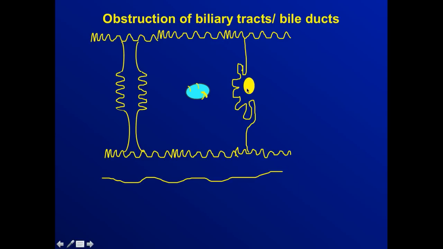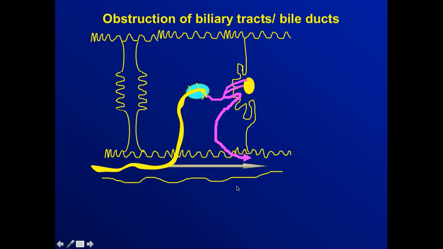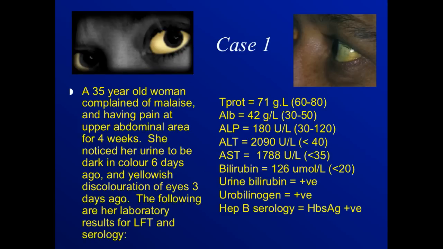Remember I was talking about a gallstone getting dislodged and blocking the biliary tree. The liver can conjugate the unconjugated bilirubin, no problem, but it cannot go further to the intestine. So it accumulates and flows back into the blood, and now you have conjugated bilirubin higher than unconjugated bilirubin.